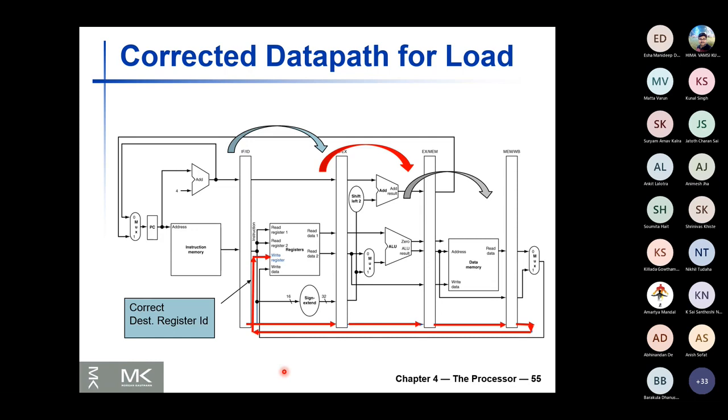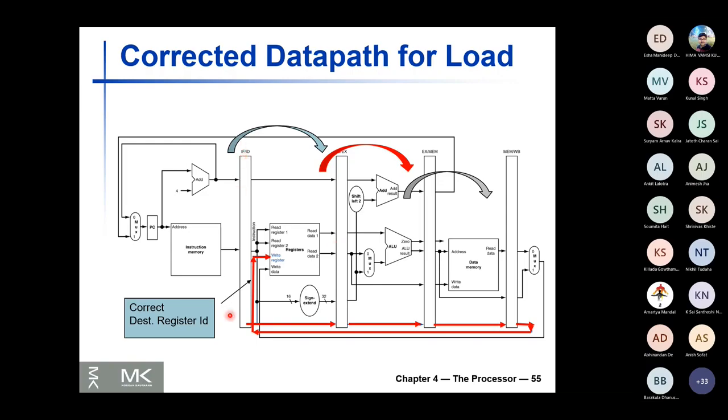And that's why this entire information for a particular instruction has to be moved from one pipeline stage to the next pipeline stage. Then only you would be able to write to the correct destination. Now, when you are writing here, something else has entered into the pipeline.